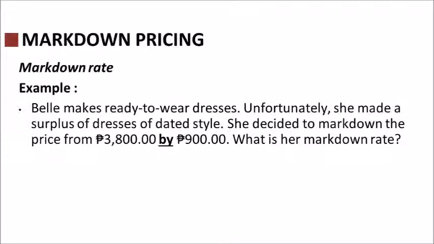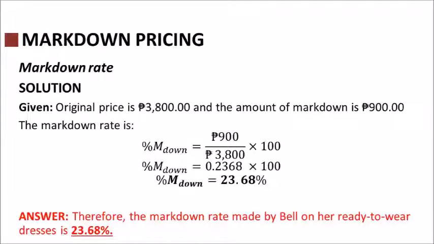Let's have another example. Belle makes ready-to-wear dresses. Unfortunately, she made a surplus of dresses of dated style. She decided to mark down the price from 3,800 pesos by 900 pesos. What is her markdown rate? It is given in the example that the original price is 3,800 pesos and the amount of markdown is 900 pesos.